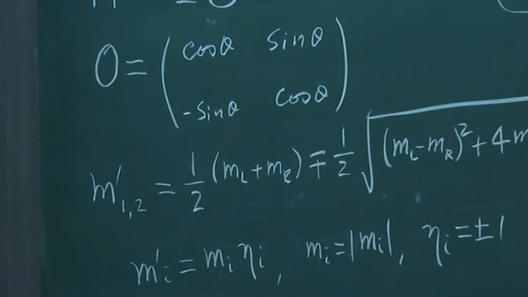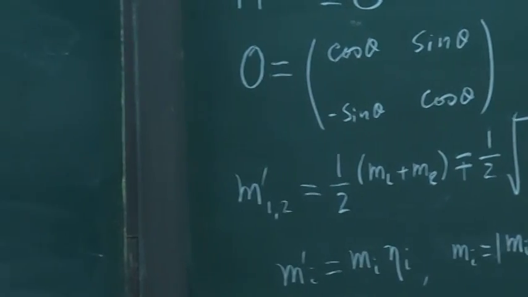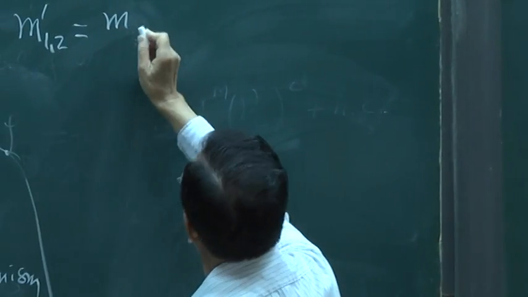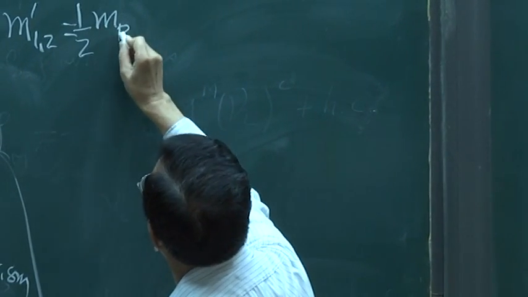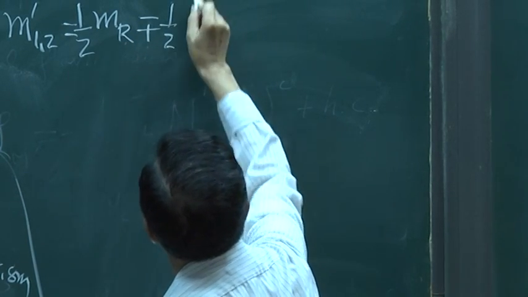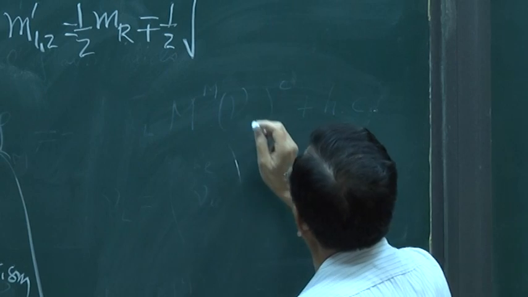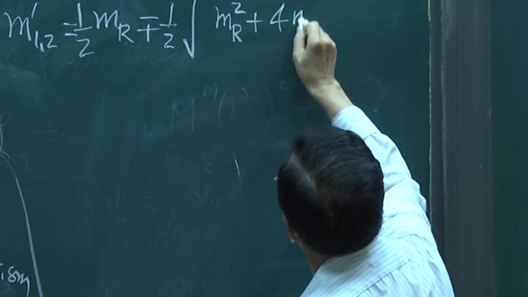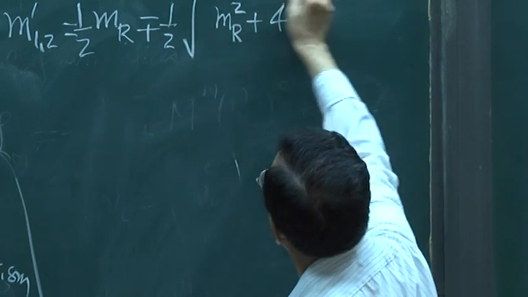So we have M1, 2. ML equals 0, so we put M1,2 equals 1 half MR minus plus 1 half square root of MR squared plus 4 MD squared.